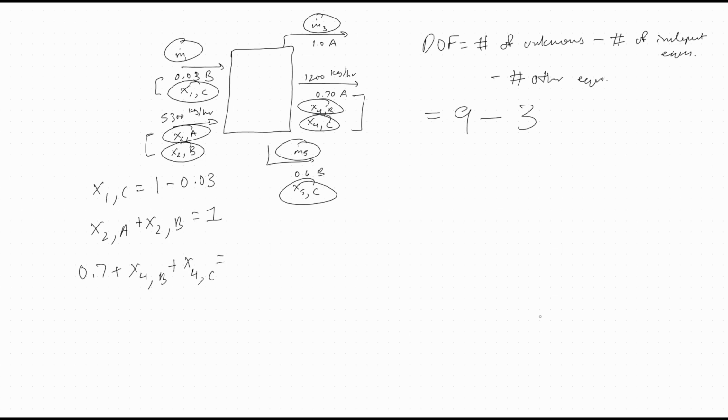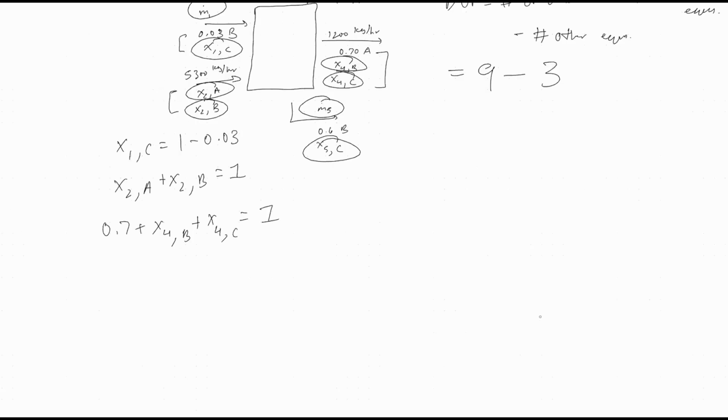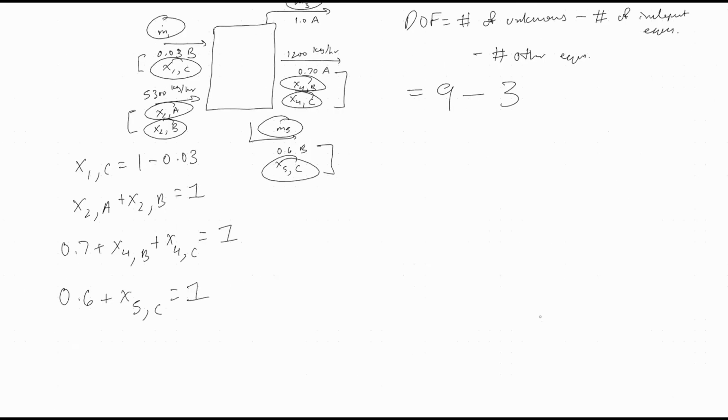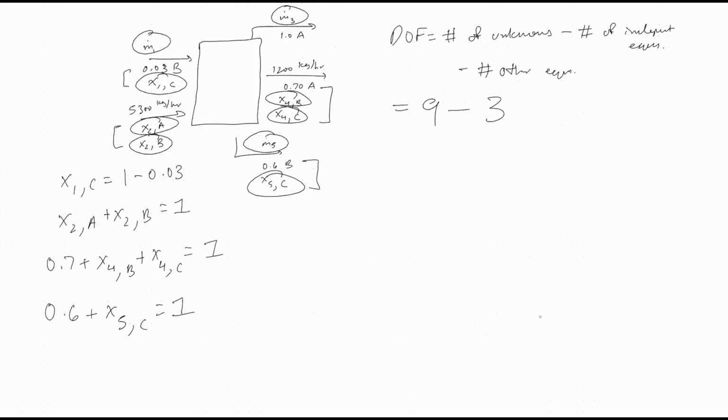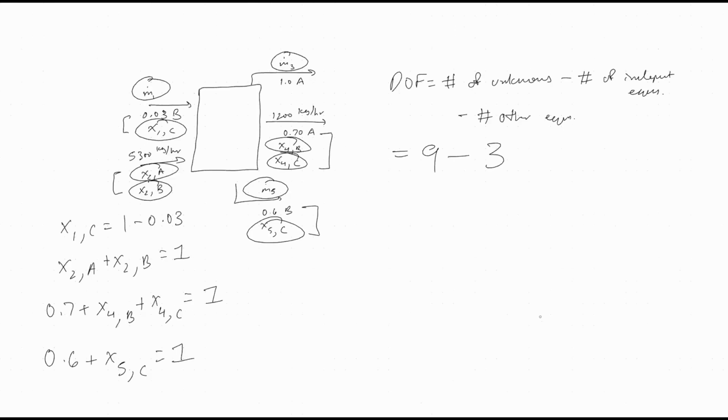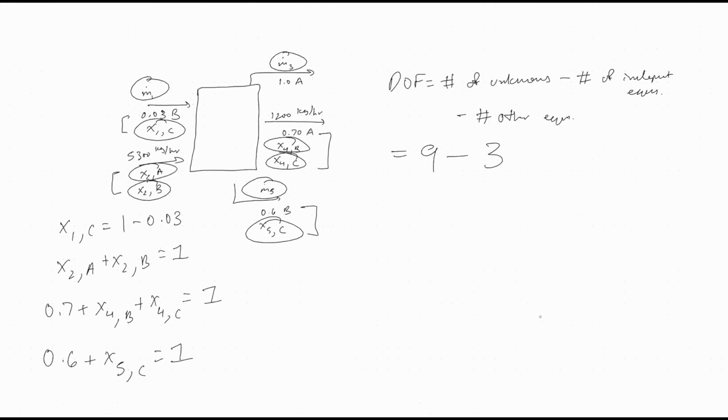And then lastly, 0.6 plus x5C must equal 1. That's 4 equations right there. Are there any other relationships that we could accomplish here? No, there really isn't. So we have 4 additional equations here.